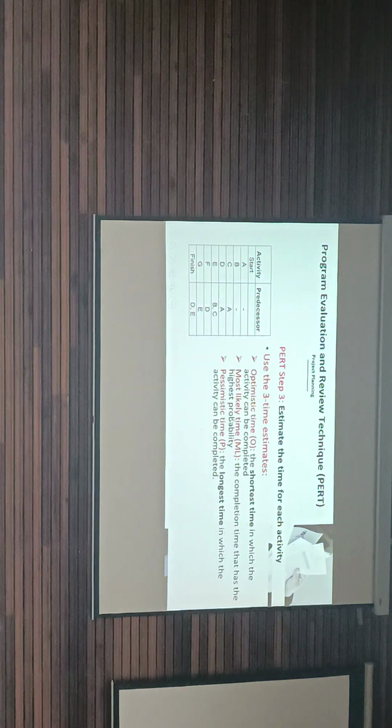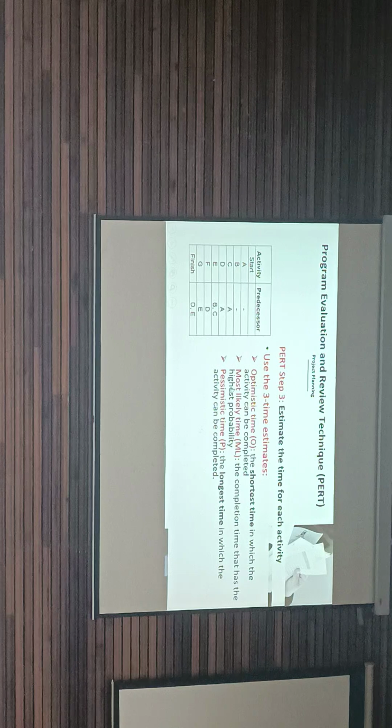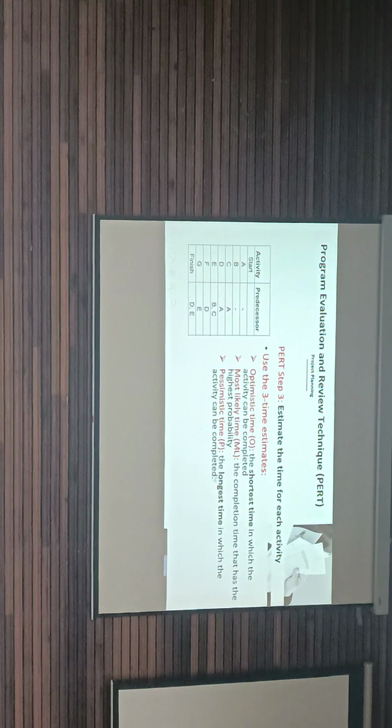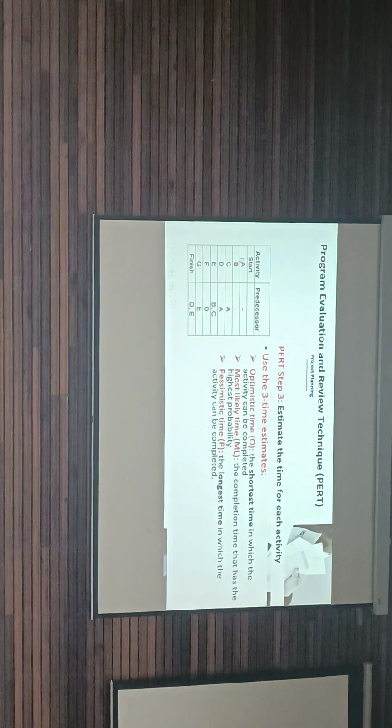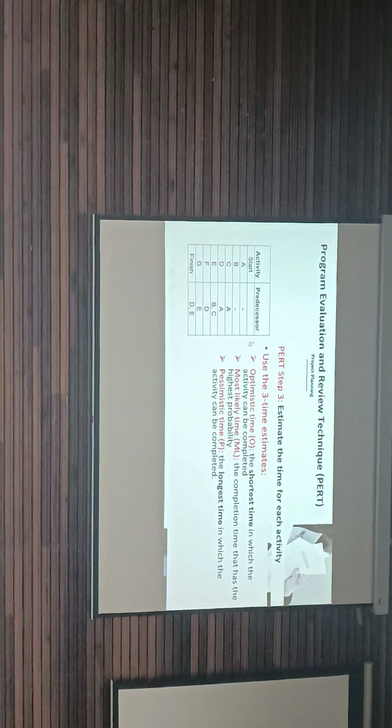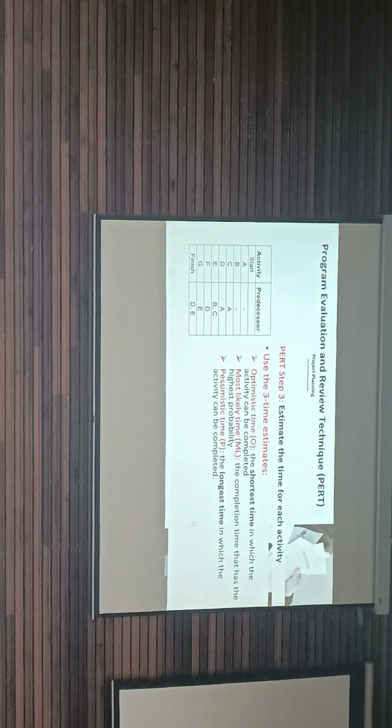So step 3, estimate the time for each activity. So use 3-time estimate. Optimistic time is the shorter time. So ML is most likely, okay, and pessimistic is the longest time. So for each task, you give 3 estimates. Okay, optimistic, most likely, and pessimistic.